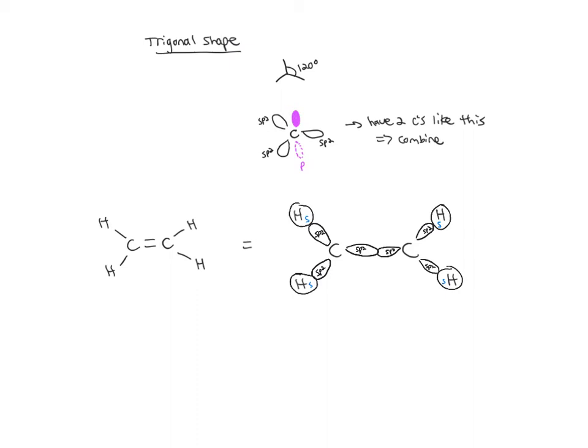The last thing we have to take into consideration is our p orbital. They're not hybridized. The one on the left is going to be sticking up out of the page on one side, and going into the page on the other side. The same thing is going to happen with the carbon on the right. It's going to have its p orbital in the exact same orientation.